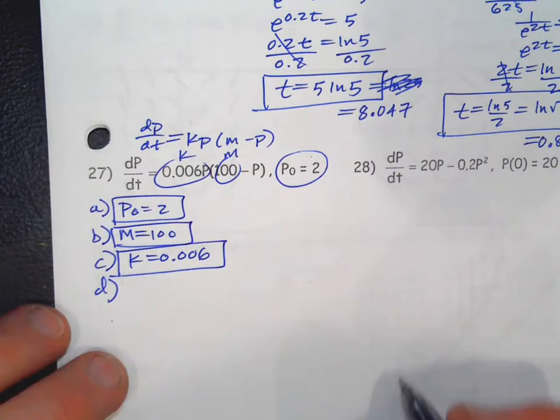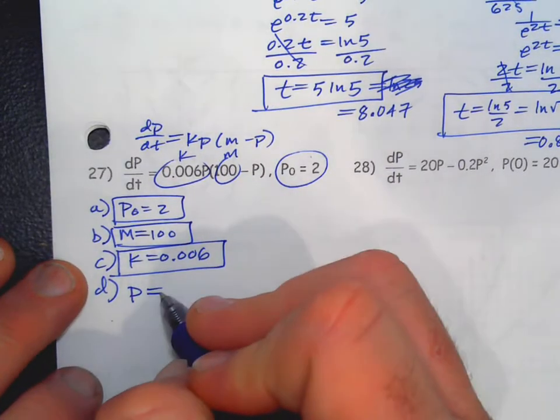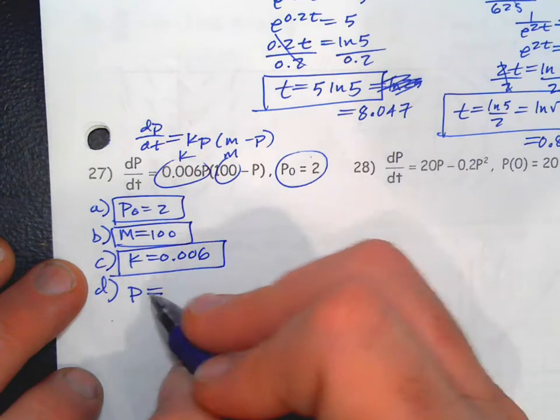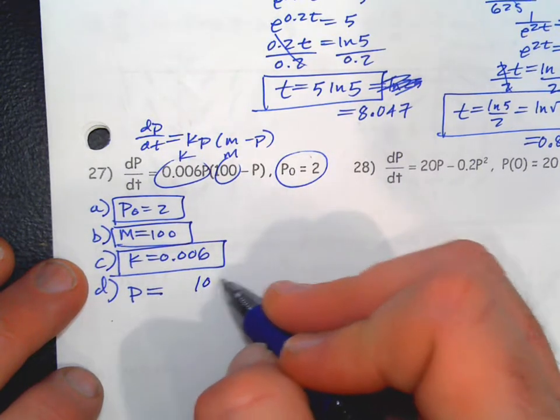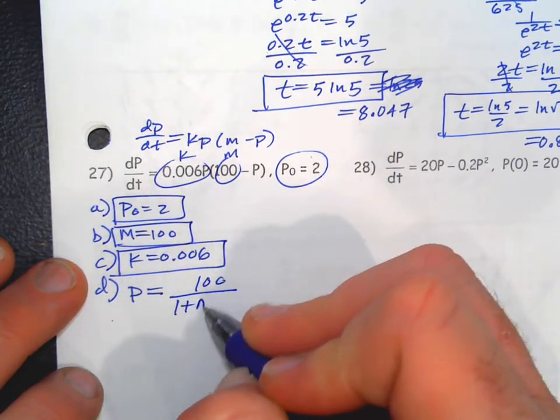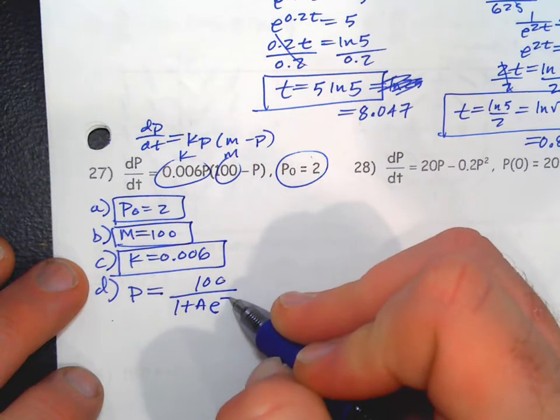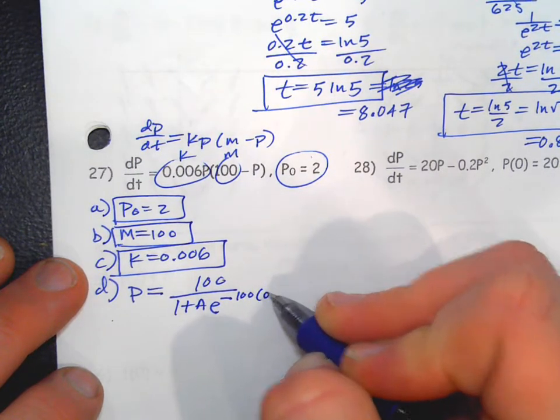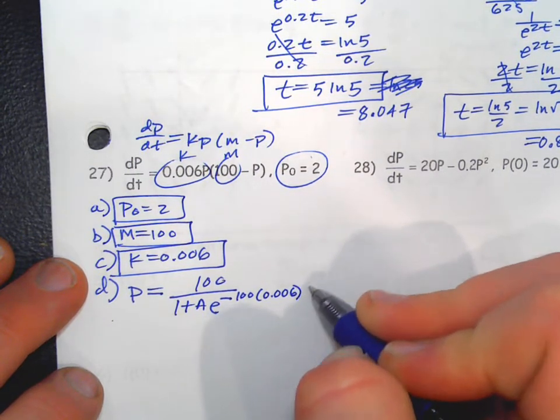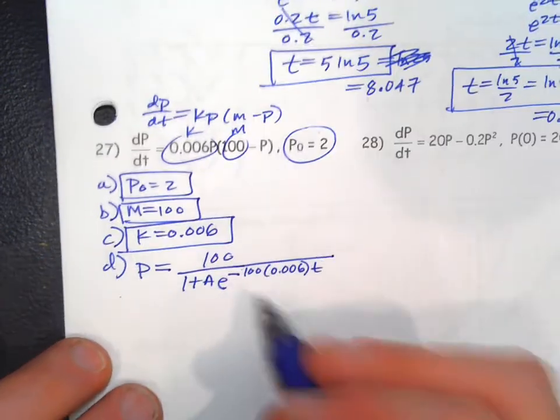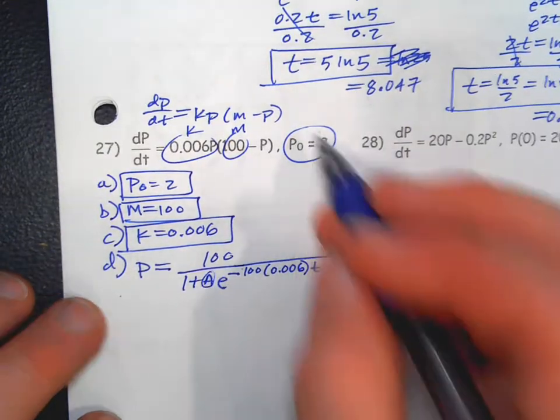Now to do D, I think we have to find our equation. P equals m over 1 plus A e to the negative m k t. So we have to find the A value, and that's where the initial condition comes in.